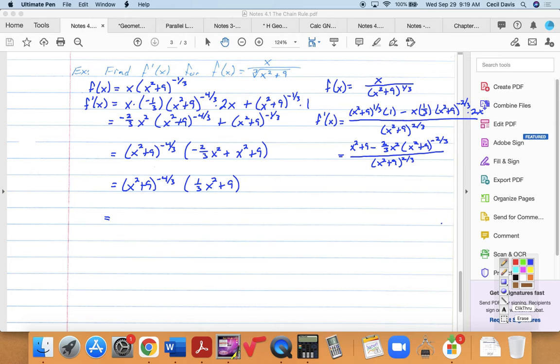Looks pretty ugly. In order to simplify that further, you may notice that some of this looks surprisingly familiar. The x squared plus 9 minus 2/3 x squared. Oh, I left this off. This was to the 1/3 power. Sorry.